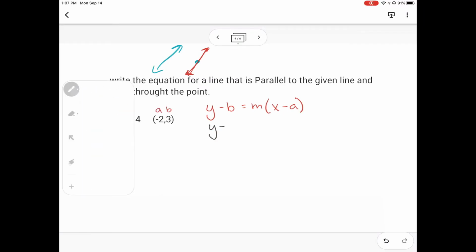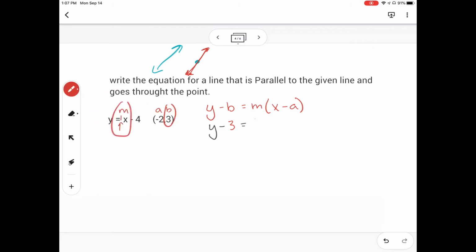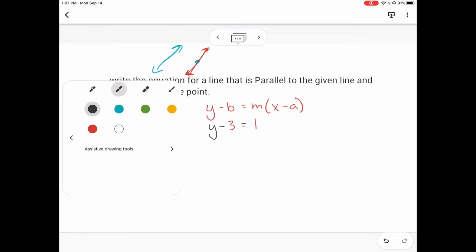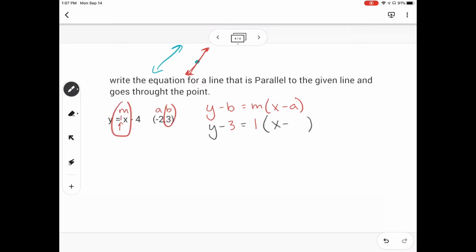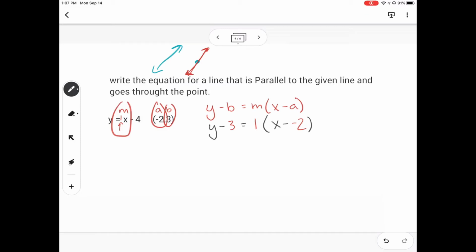So it's y minus the b, which is 3, equals m, which is 1, and then x minus whatever a is. In this case, a is -2. Everything I wrote in black will always be there. The part I wrote in red is what you will replace with the numbers that you're given in your problem. So we plugged in the m, the a, and the b.